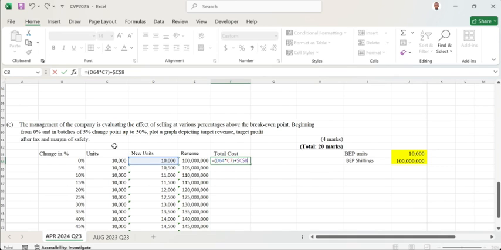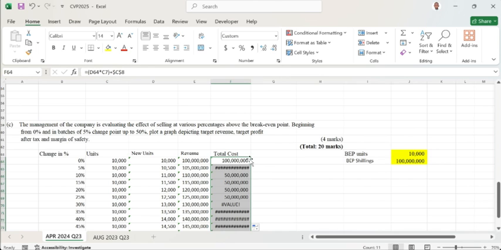How do we find the total cost? Geraldine alikuwa ametuambia we take the units, in brackets equals to, in brackets we take this unit, we multiply with the variable cost per unit, which is 5,000. We close the bracket. Geraldine, we add what? The fixed cost. Then we lock it.